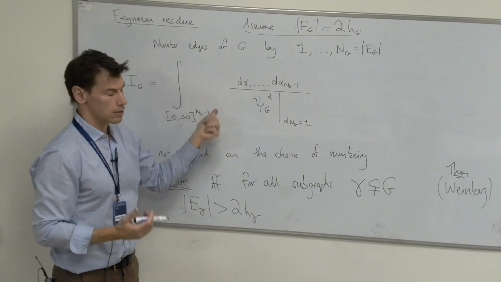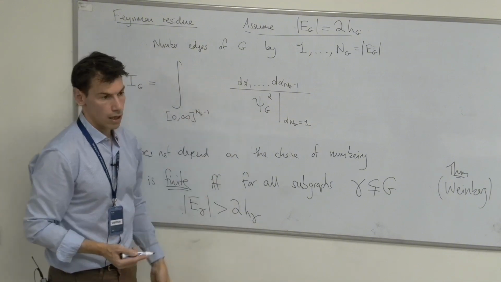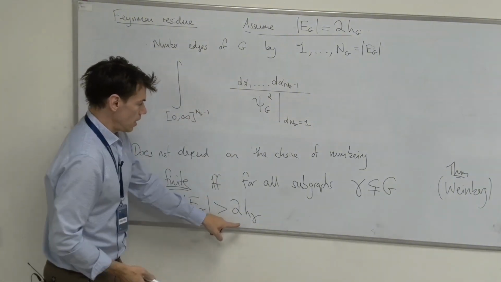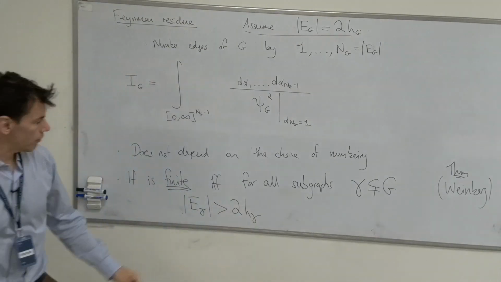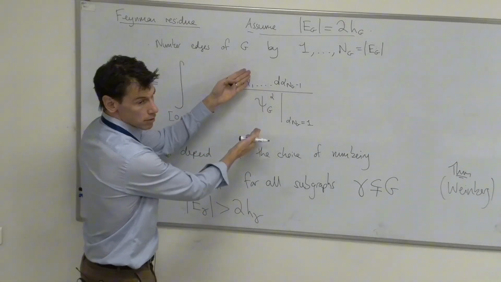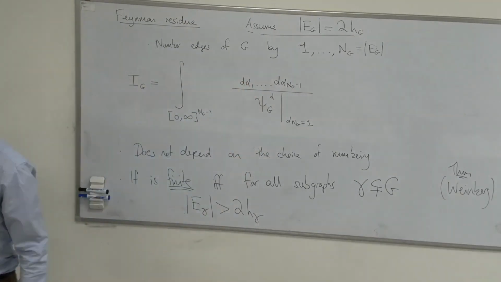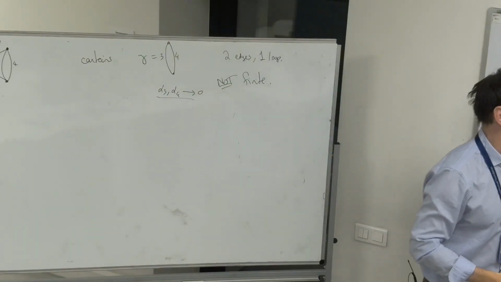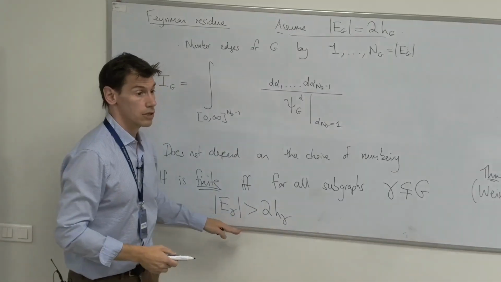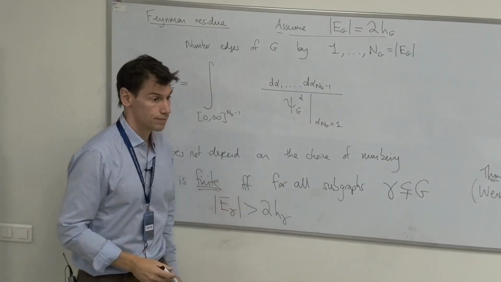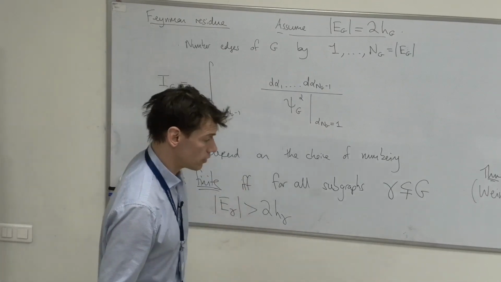It's a bit more subtle than that, but in physics it's called power counting. The presence of such a subgraph will cause this to blow up in the region where the edges get very small. And the content of the theorem is saying that the converse is true: if no such subgraph exists, then it must be finite. So it's a theorem, it's not completely trivial.